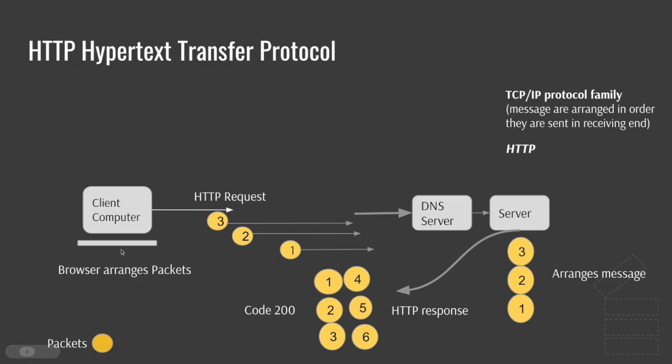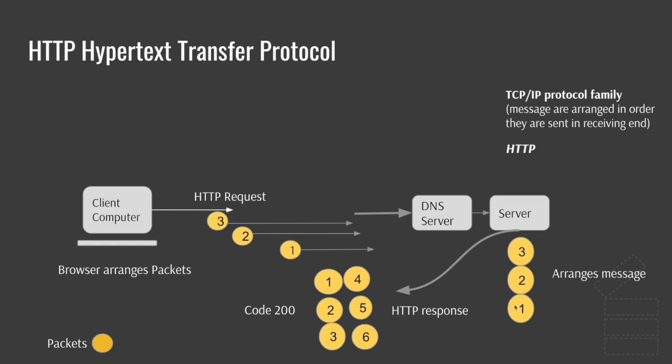Okay. So here in the diagram, you can see we make an HTTP request when we request a domain, and the request could be in a number of packets based on whatever you request. Your request could be any number of packets, and these packets arrive at the DNS server where they are routed to the server, and the server arranges the messages and tries to understand what the client is requesting.